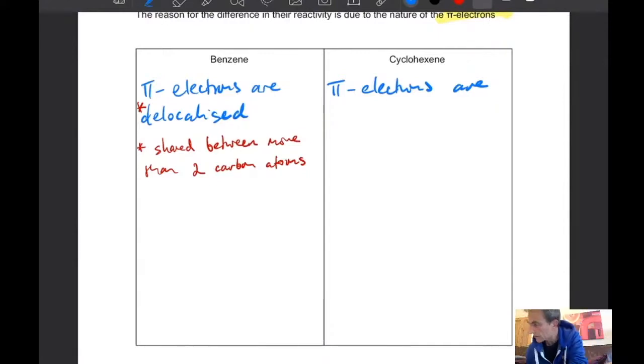Getting back to this, cyclohexane pi electrons are localized. So there's a nice key term there. May as well define localized. It's where electrons are shared between 2 atoms, 2 carbon atoms.